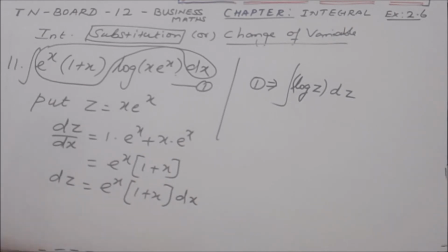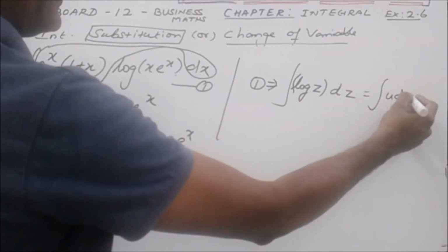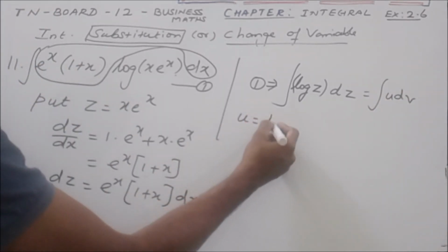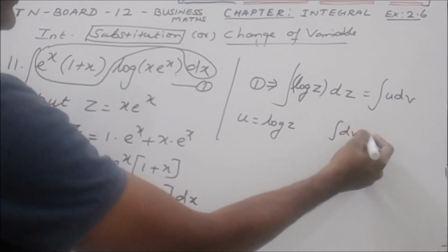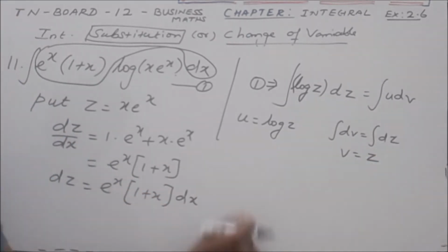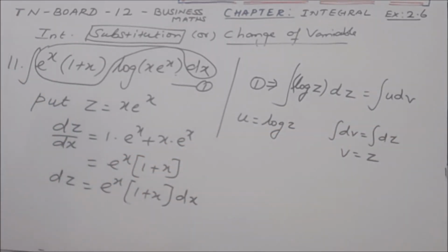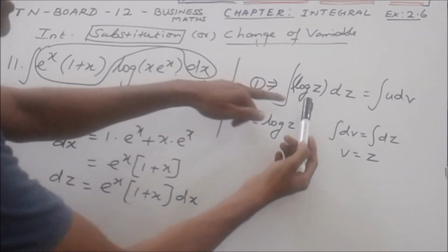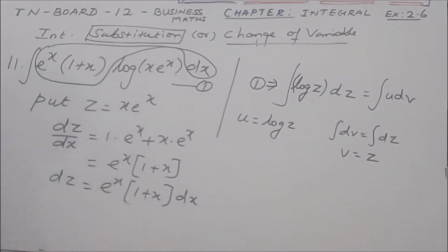Here, if you know the formula, you can directly substitute. Else, you should apply the integration by parts method. In this case, integral log z dz is taken as integral u dv, where u equals log z and the remaining is dv equals dz. So v equals z.